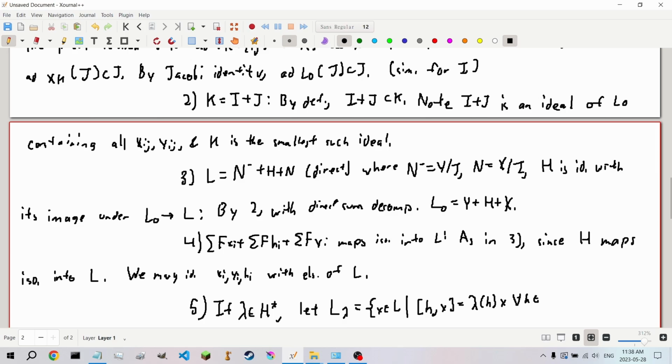So this is essentially the elements in L, which when acted on by elements of h have lambda as a character function. Then L0 is h.